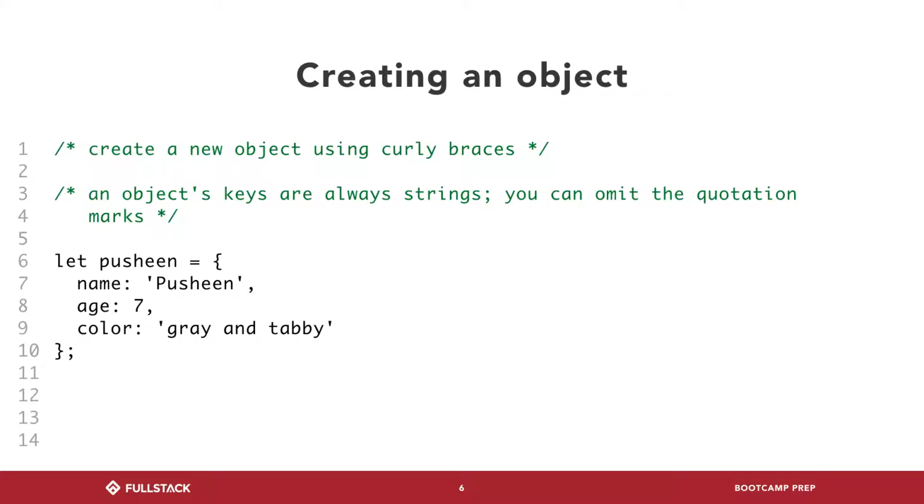The reason is JavaScript is going to say, I don't care what you give me, I'm going to turn it into a string because only strings can be keys. So in this case, name, no quotation marks, but JavaScript will say, the only thing I take is a string, so I'm going to make it into a string. Same goes for age, same goes for color.